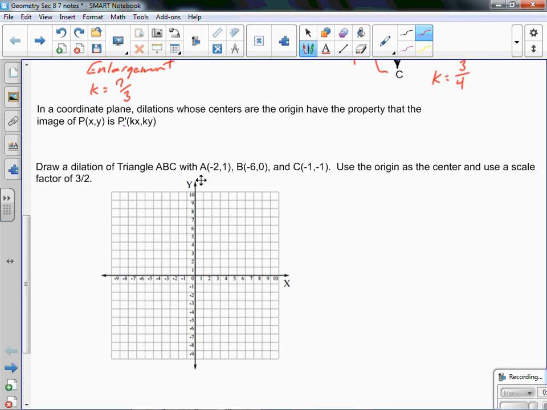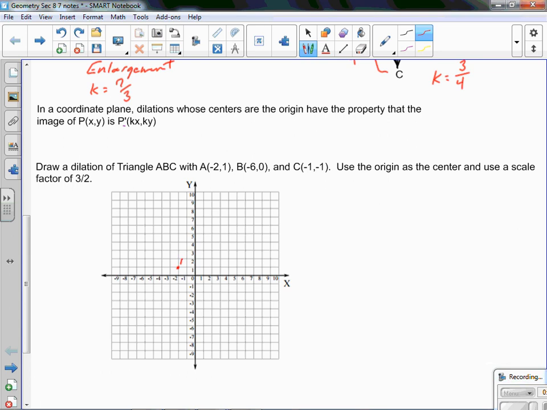So here we want to draw a dilation of triangle ABC with A equals -2, 1. Alright, so the dilation of triangle ABC with A is -2, 1, B is -6, 0, C is -1, -1. Our origin is going to be the center, and we're using a scale factor of 3/2. So the original triangle has an A value of -2, 1.